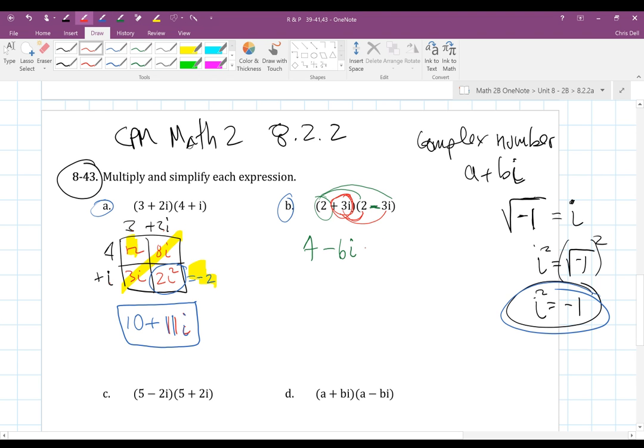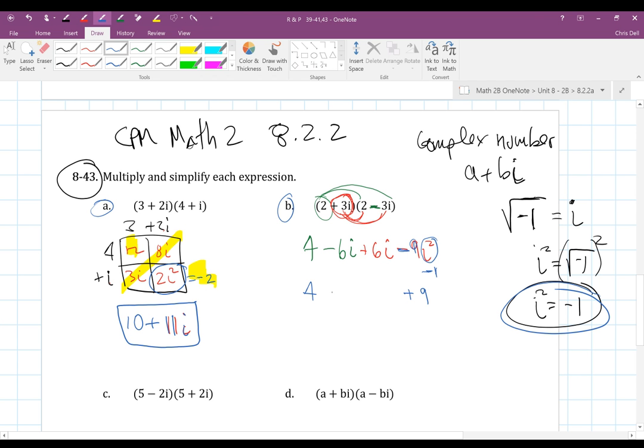So 3i times 2 is positive 6i, and 3i times -3i is -9i squared. Let's combine like terms and clean up my i squared. That i squared is the same thing as -1. So -9 times -1 becomes a positive 9.